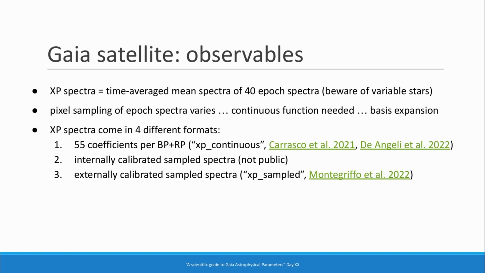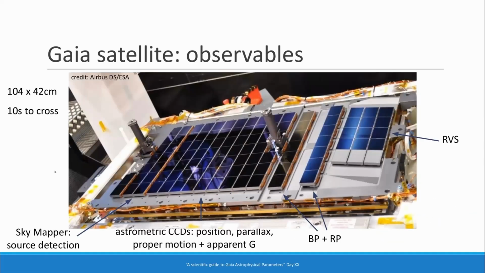And the reason for that is very simple, because if I go quickly back to the focal plane, the same star may once cross the focal plane over this CCD row, and next time it may cross over another CCD row, depending on the orientation and scan direction of the satellite. So that means the geometry will be different between two transits, between two epochs, and thus the dispersion of the prisms will be slightly different.